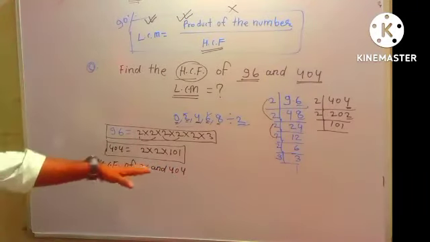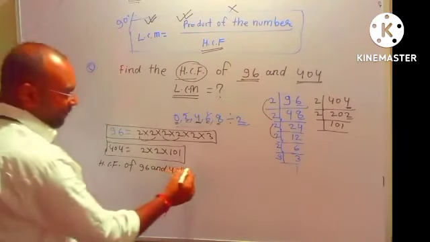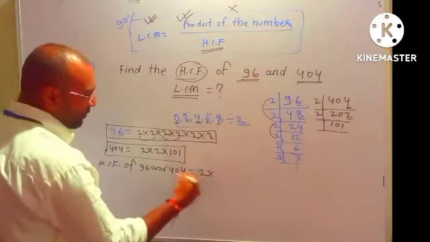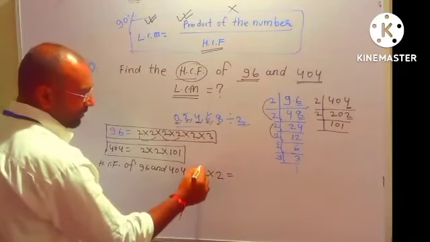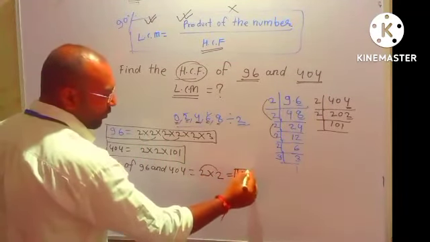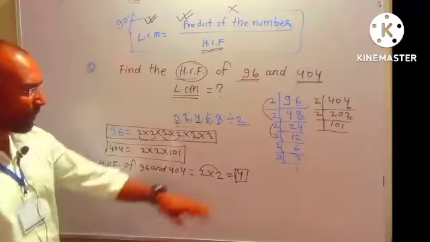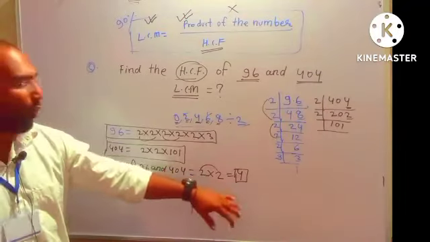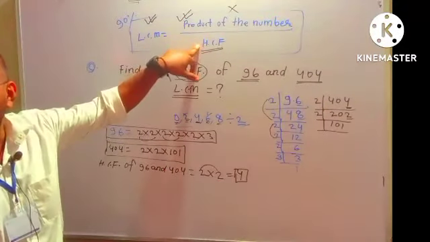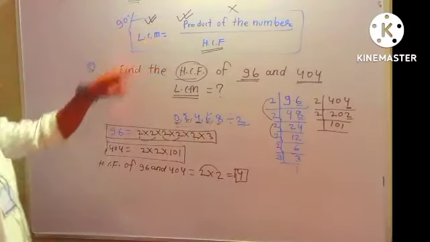HCF of 96 and 404 will be 2 into 2, which is 2 to the power 2. So what will be the HCF? HCF is equal to 4. HCF आ गया.